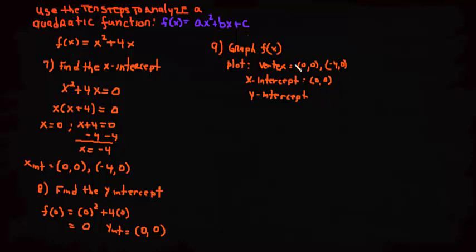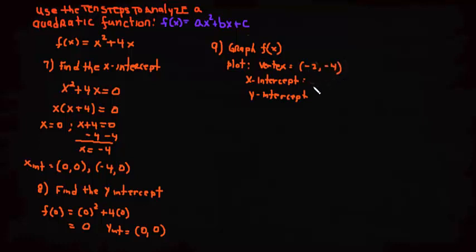Oh, wait a minute. Oops, made a mistake. I wrote them in the wrong place. I'm sorry. Let me go back, glad we caught that. Okay. Going back. The vertex here is going to be negative 2 and negative 4.